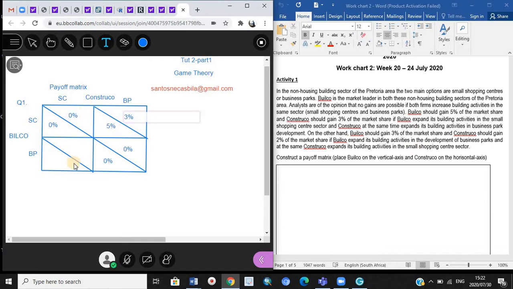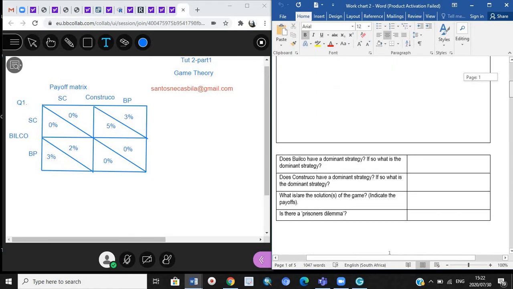That means this: here Bilko is going to gain 3% and the other one just 2%. Very good. So that is how we construct our payoff matrix. That was the first activity.